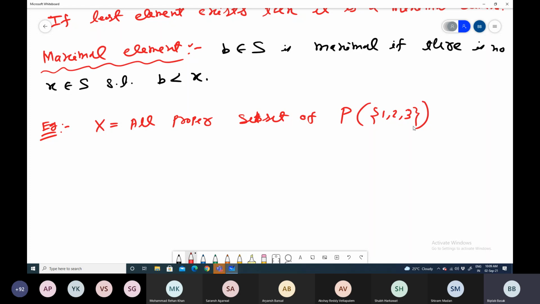Then tell me what is a maximal element, the greatest element, the minimal element, the least element?